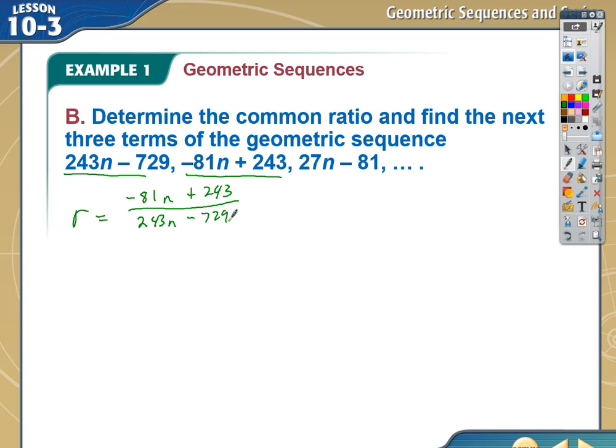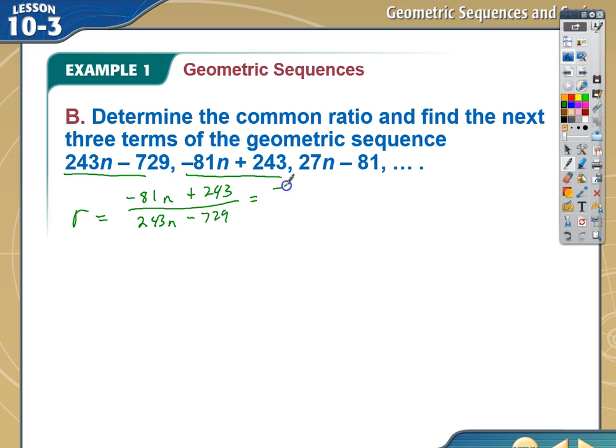Well, I try and figure this out. What you want to try and do is you notice, hey, it got smaller from the first one to the second one. So I'm going to try and factor something out of here. And what I see is that, hey, 81 times 3 gets me 243. In fact, if I pull out a -3, right?